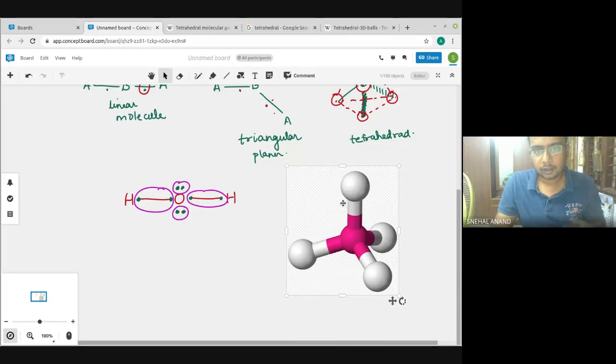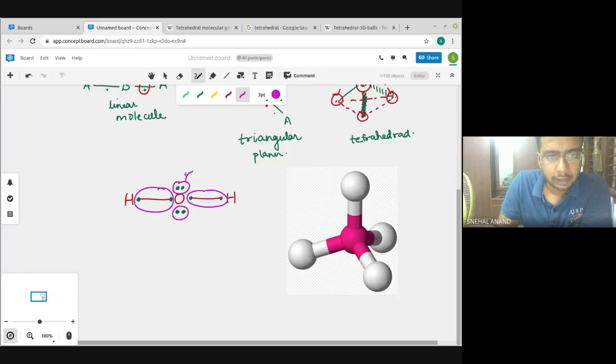Okay. So I'm saying this oxygen has 2 bond pairs, 2 bonds around it, and 2 individual electron pairs. So these 2 electrons are considered as 1 pair of electrons, and this one is considered as 1 pair of electrons. And these are considered as bond pairs of electrons. So these bond pairs are in one direction.